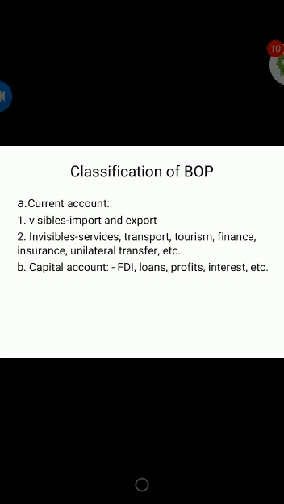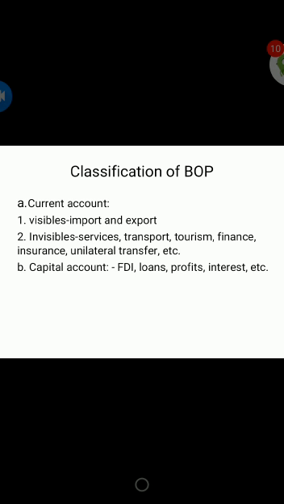So the balance in the invisible account after 12 months is transferred to the current account. The current account records the transactions of receipts and payments of visible as well as invisible items, and the balance in this account is transferred to the capital account after 12 months.